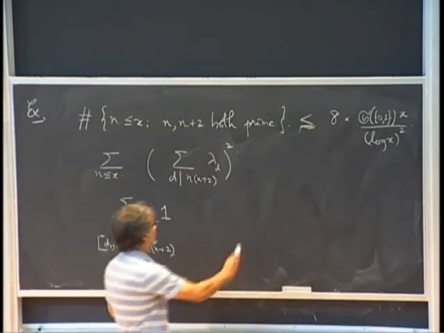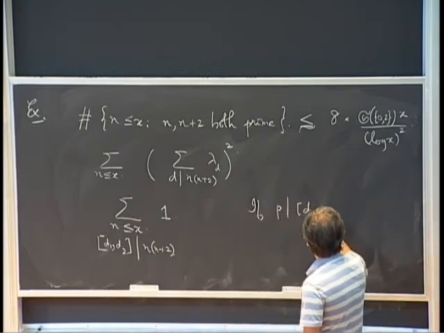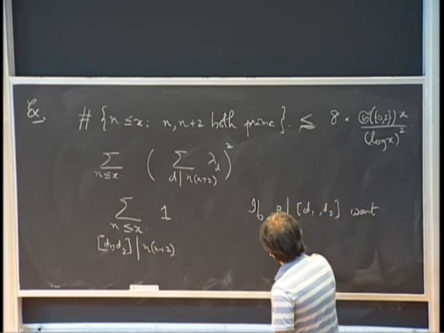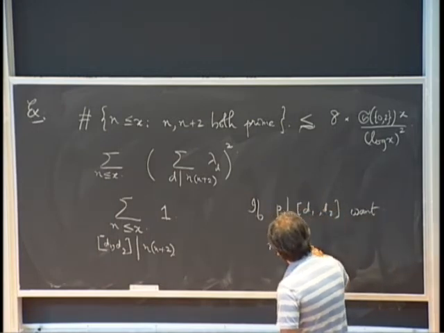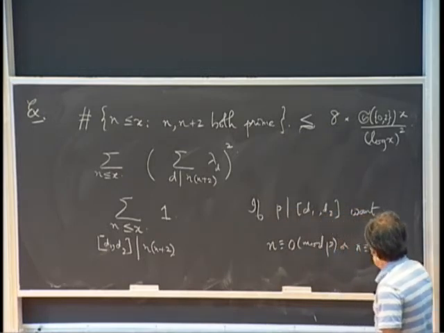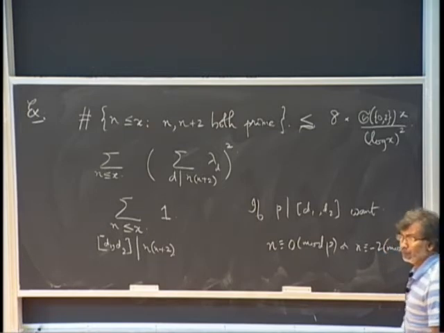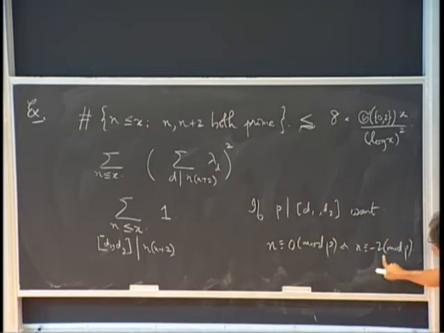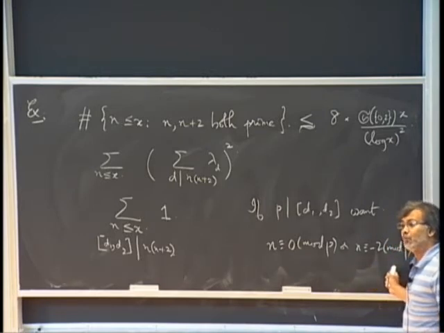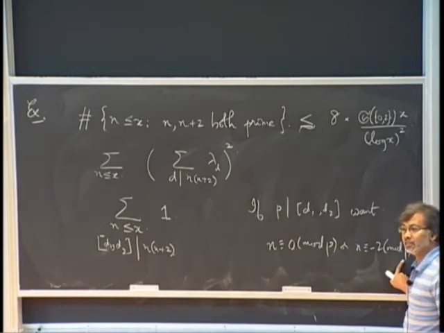So if p divides d1, d2, then we want either n to be 0 mod p or n to be negative 2 mod p. If p is 2, these are the same condition. You want n to be a multiple of 2. But for every prime p bigger than 2, these are two different residue classes that must be covered.